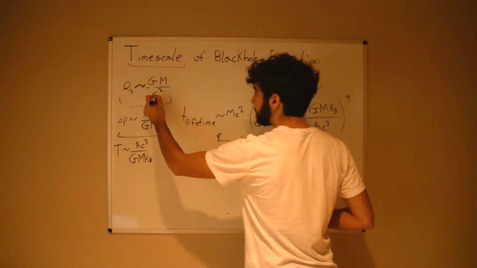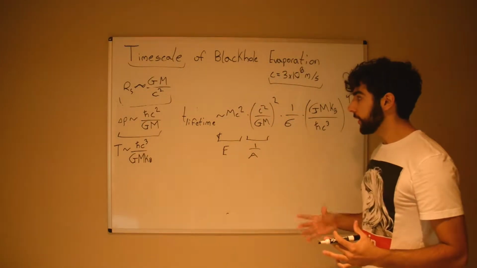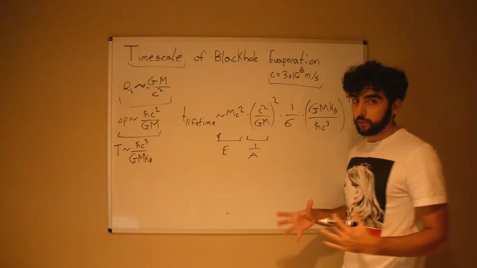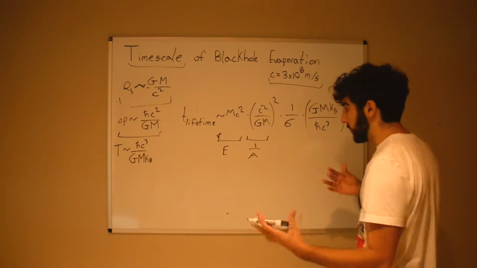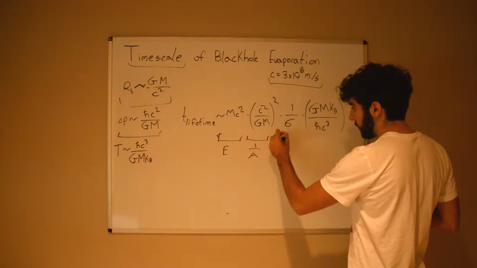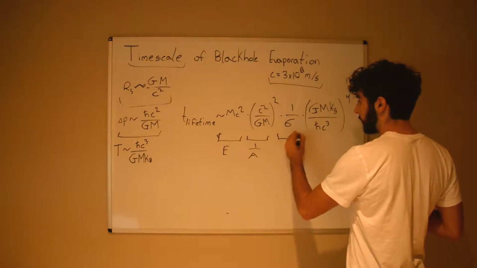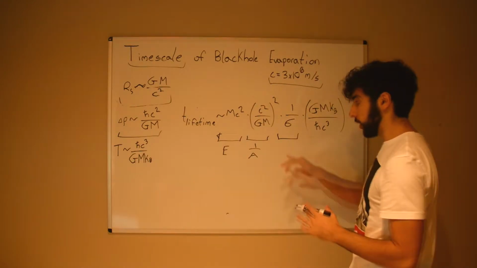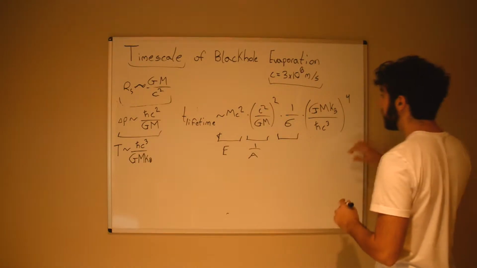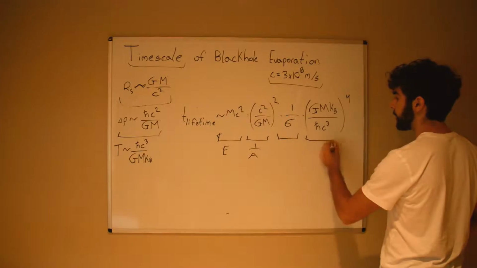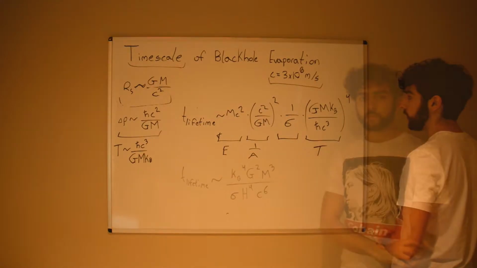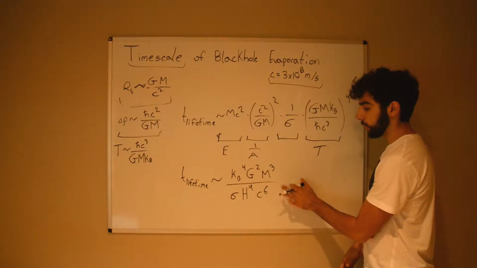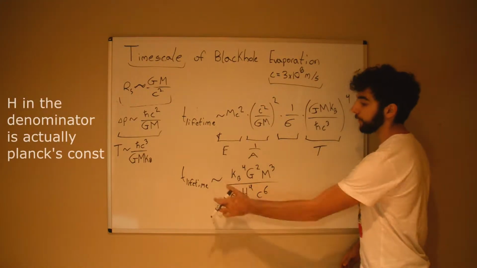Now keep in mind, all I've done here is get rid of the 4 pi, which is negligible for our purposes. Not really, but still. This is 1 over our Boltzmann constant. It's a constant here, nothing's changed there. And this is 1 over our temperature. So I've simplified here, and I have this equation remaining for our T lifetime.